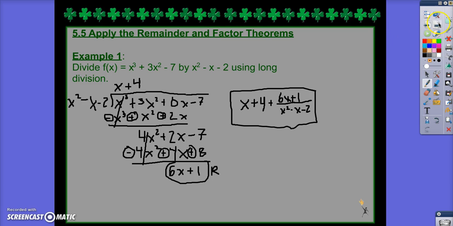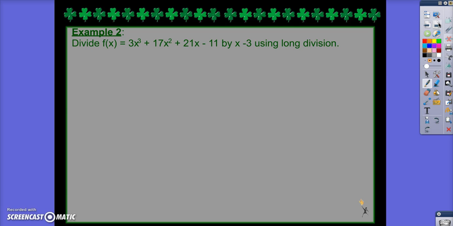All right, so let's try one more example. I want you to try to do this one yourself. Pause the video and set it up, and we'll go through it.